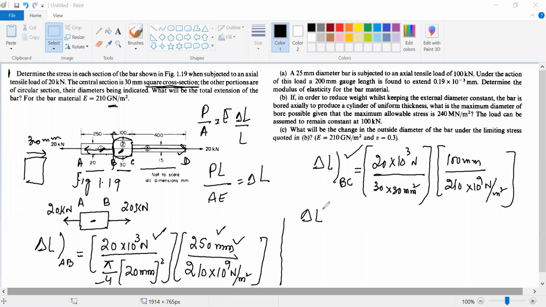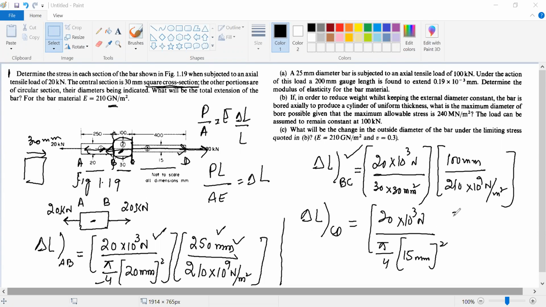Similarly, talk about the section CD. As you look into the section CD, on one side you have 20 kilonewton, and on the other side you have 20 kilonewton. So again, it is the same. It is 20 into 10 raised power 3 Newton, divided by area, that is pi by 4, it is circular cross section, into 15 mm square, multiplied by its length, that is 400 mm, divided by 210 into 10 raised power 9 Newton per meter square.